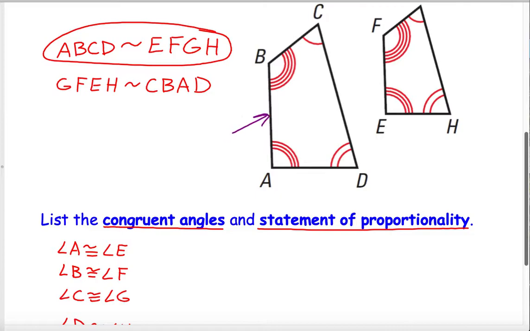So the length of side AB over the side EF, so AB over EF, that ratio should be the same as the ratio of any other two matching sides. So for example, BC with FG.